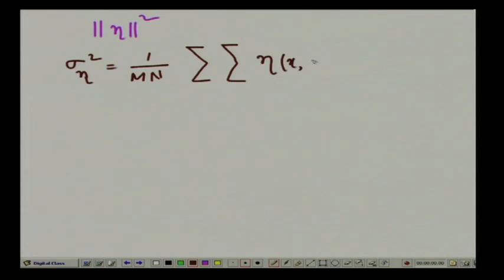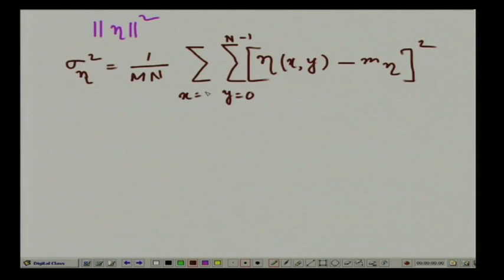In this way, we have the noise variance, given by say sigma eta square, which is nothing but 1 upon capital M into capital N, into double summation of (eta x y minus m eta) square, where m eta is the mean of the noise, y varies from 0 to capital N minus 1 and x varies from 0 to capital M minus 1.